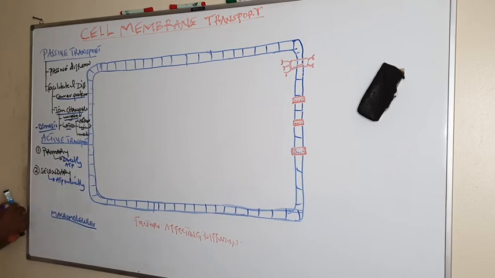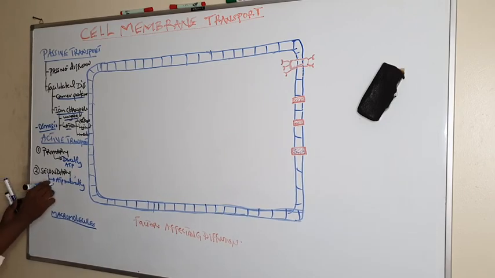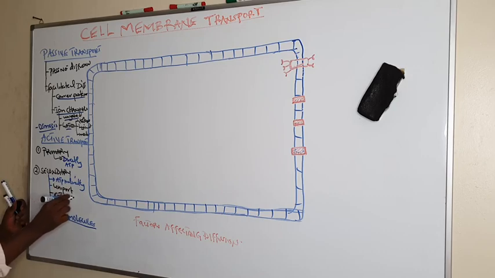And the types of secondary active transport, we are going to categorize into three: uniport, co-transport, and antiport.